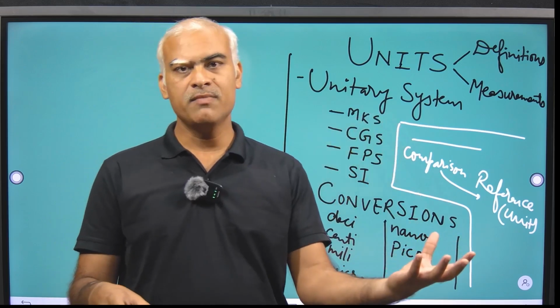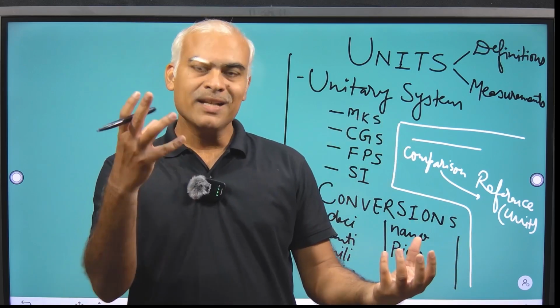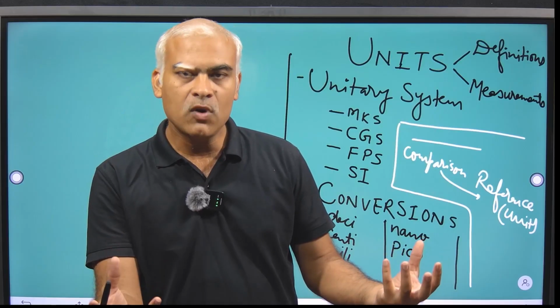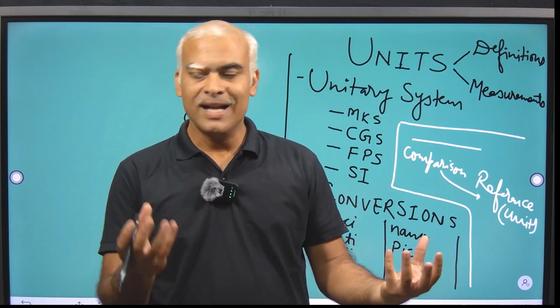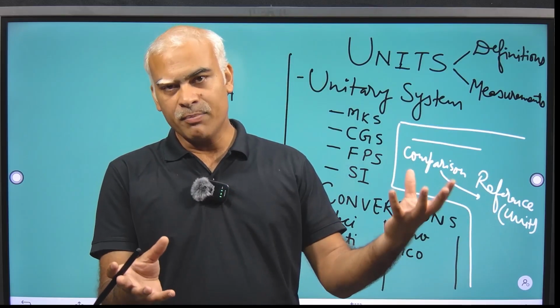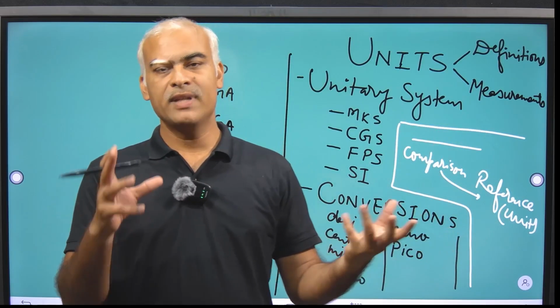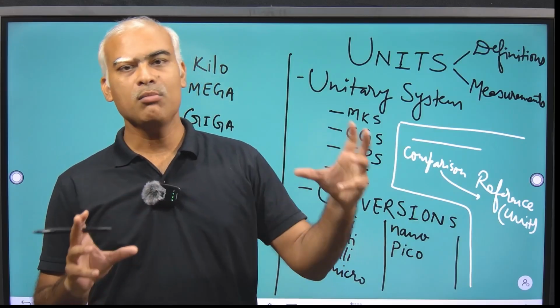So the stone becomes the reference for that measurement, and that stone is called the unit. The process of comparison with that stone is called the measurement. That's how we define units and measurements.